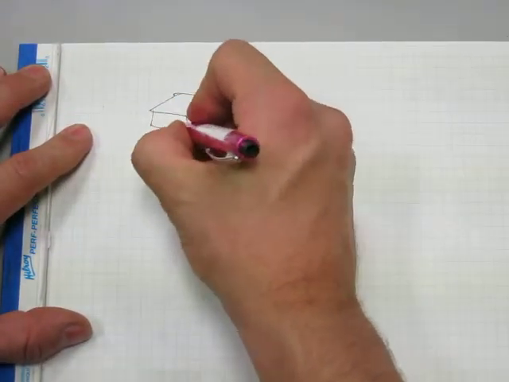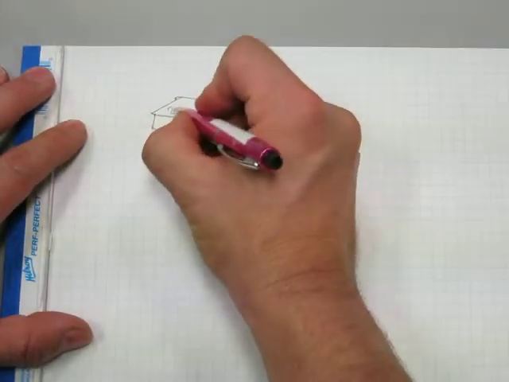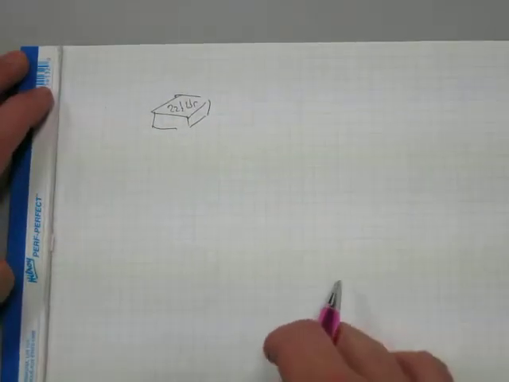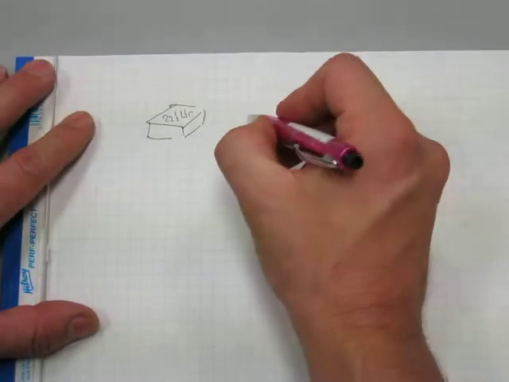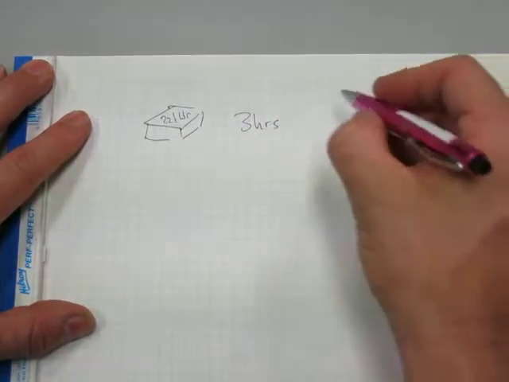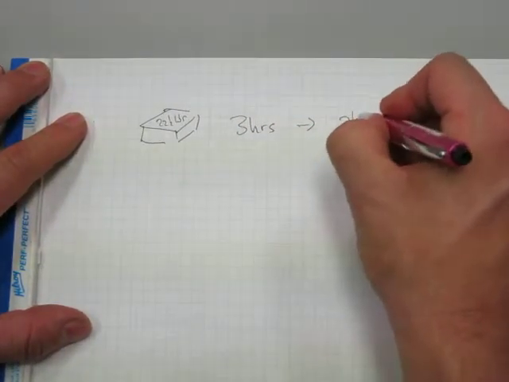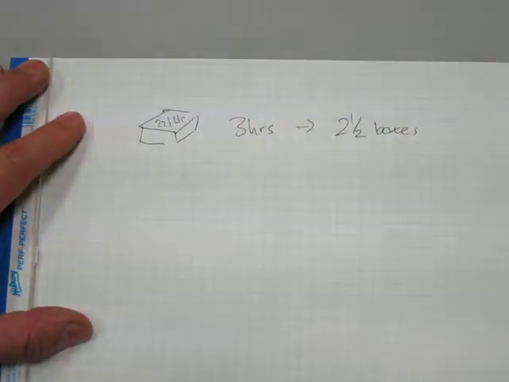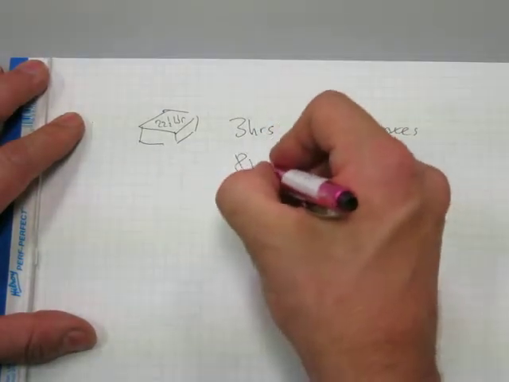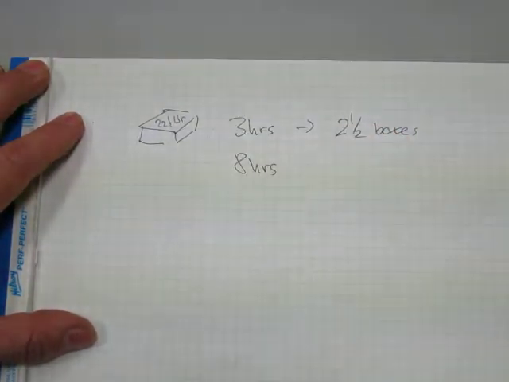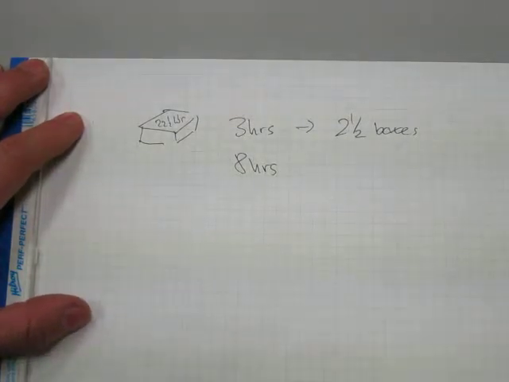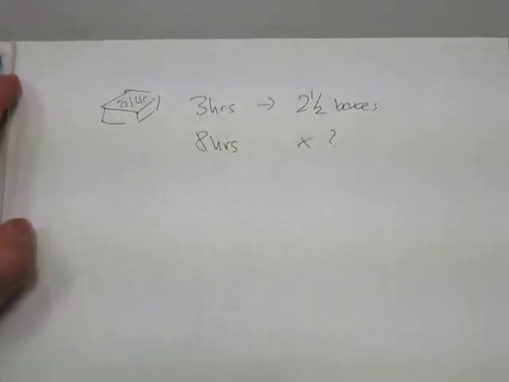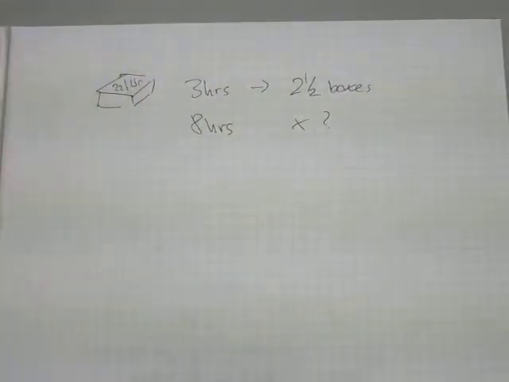Here is a box of nails, and these are standard 22.5-pound boxes of nails, and they are really working hard, and in 3 hours time they use up, I don't know, 2.5 boxes of these nails. So in an 8-hour shift, 8 hours full work, no lunch break counted in it, how much nail do they need? How much nail do we have to have on the job for them to last through the whole shift?